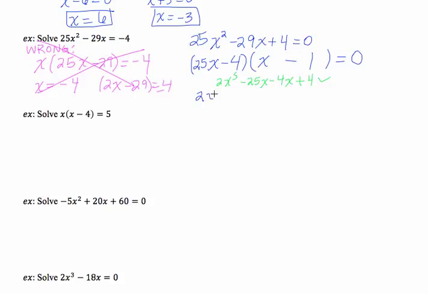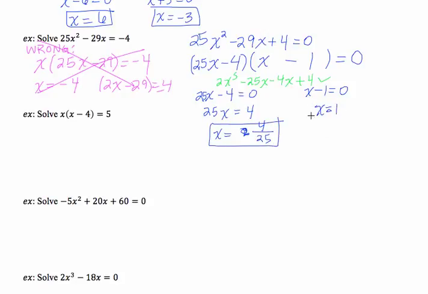So setting 25x minus 4 equal to 0, and we set x minus 1 equal to 0. And we solve each of these. So solving the first equation, we add 4 to both sides, and then divide both sides by 25. So we get x equals 4 over 25, and on this other one, we just add 1 to both sides to get x equals 1.